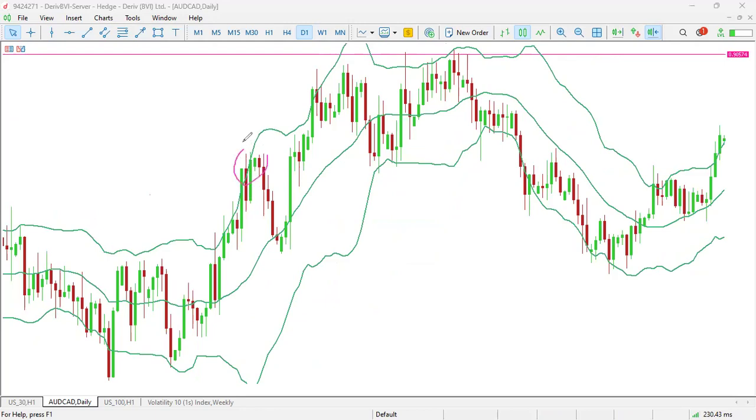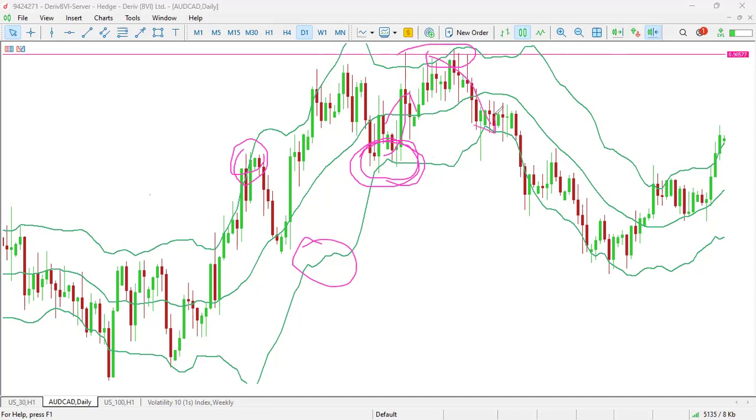If the price is at the bottom band, the price should go back into the zone. For example, if the price touches the bottom band, it's supposed to go back up. It's supposed to start buying. It will act as a support. If the price touches the top band, it should go down.